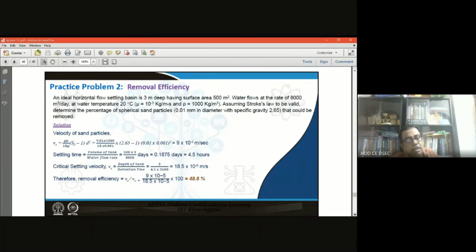Various problems will come in the semester exam, and we will discuss problems associated with the design of the sedimentation tank in the next lecture also. So I can close for the day after discussing 2-3 problems and giving a preliminary idea on aeration and the sedimentation process.